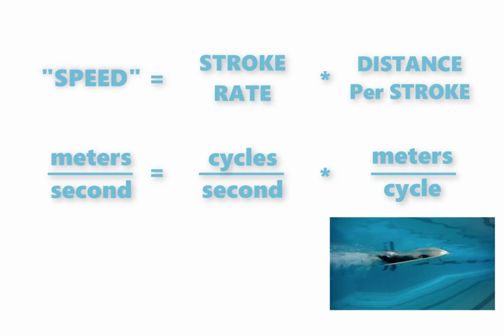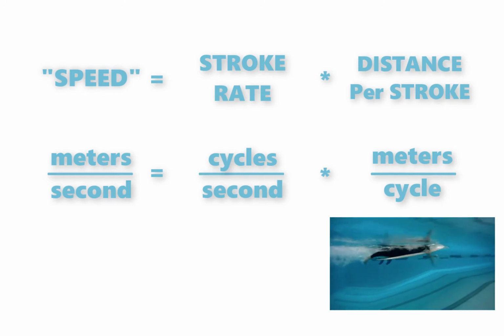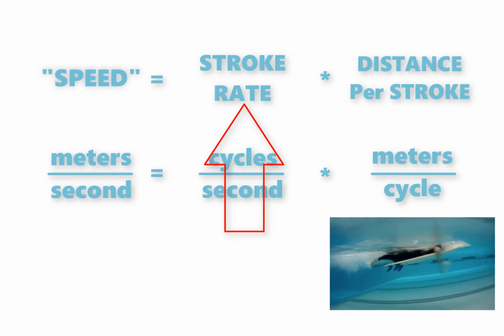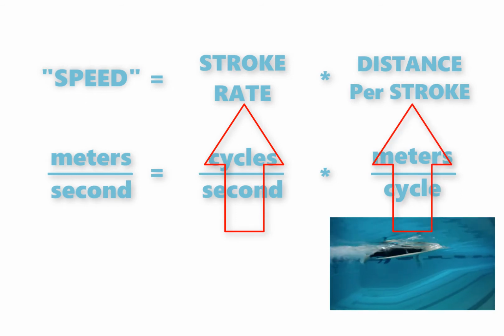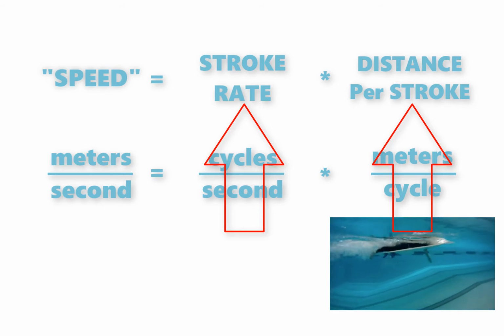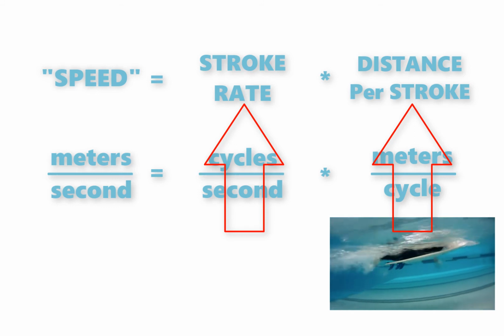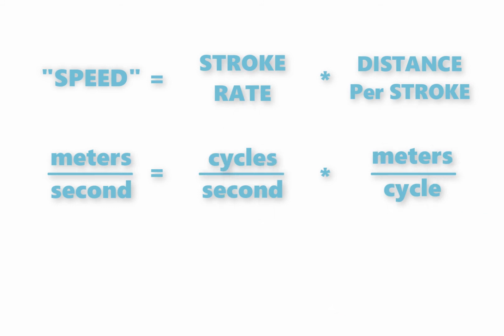To move fast, and I mean really fast, is to have a high stroke rate, a high number of cycles per second, while at the same time having a high distance per stroke, a high meters per cycle. Simple, right? I mean, the math makes perfect sense.